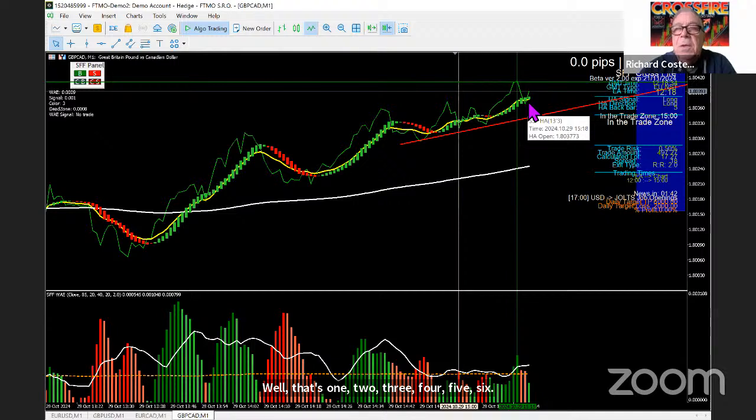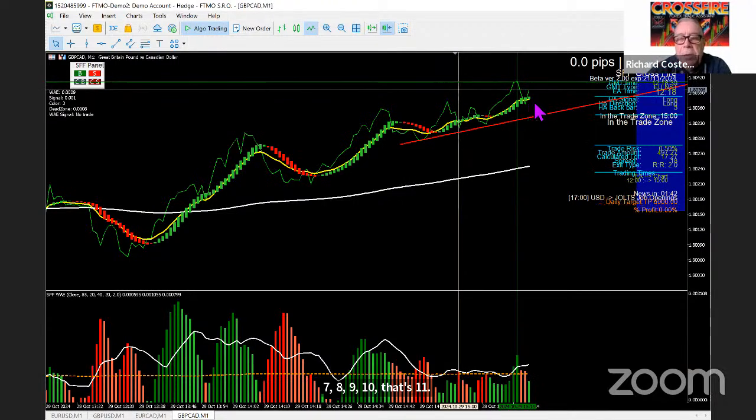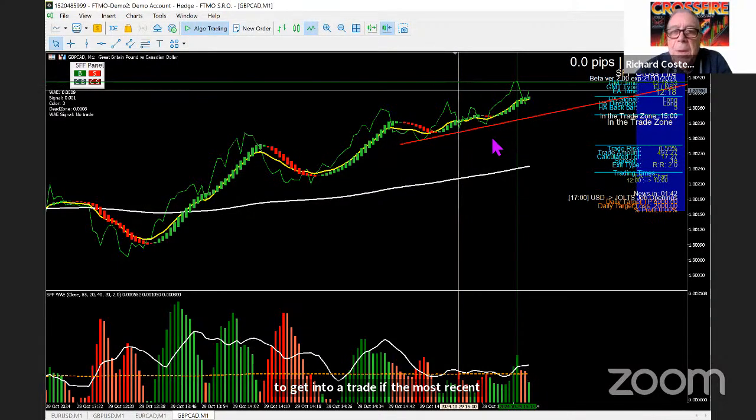That's 11 candles away, 11 bars away. Now I program my trading assistant to get into a trade if the most recent wave change was 20 bars ago, or 20 bars previous, or less.